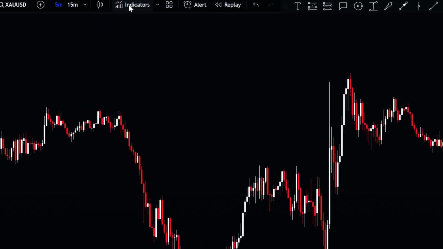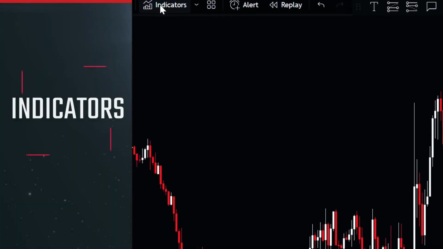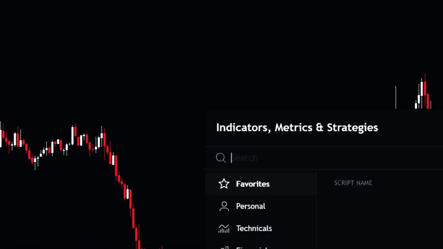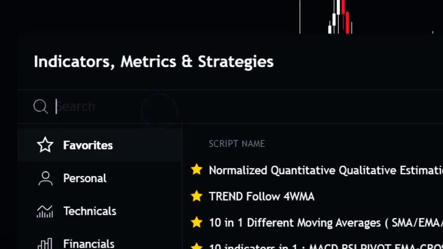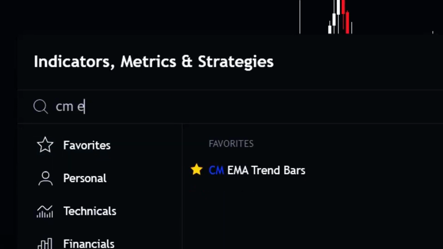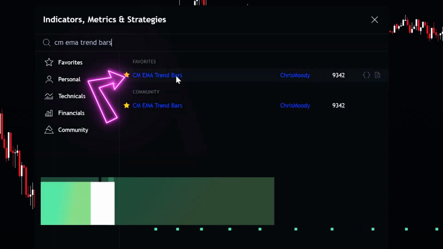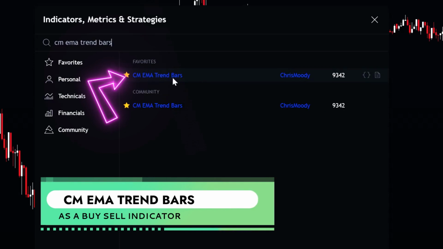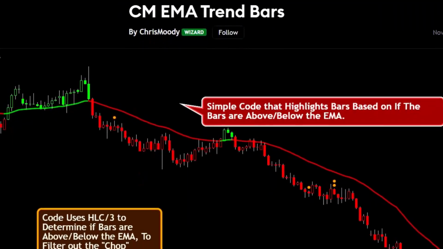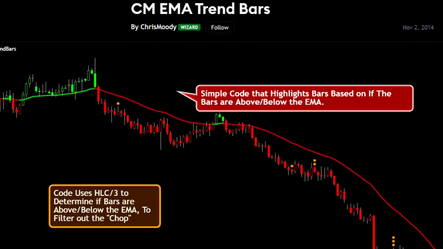Next, head over to the indicator section and look for CM-EMA Trend Bars by Chris Moody. And select it, and the indicator will be added to your chart. You're all set for some killer trend visualizations.